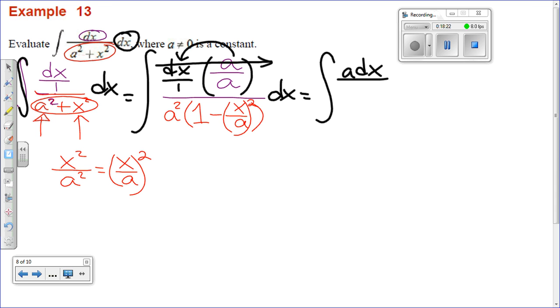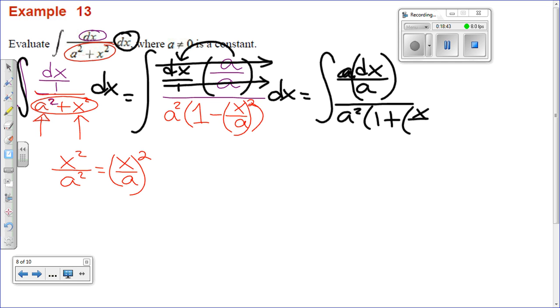So a dx, and then divided by a. Now what I'm going to do is keep this 2 together, so this a will be here. So multiply. Now all of that divided by a squared times 1 plus x over a, and then square. And then, of course, dx.